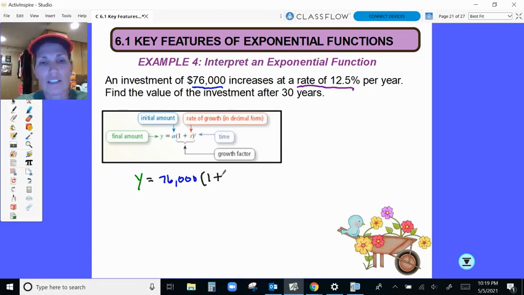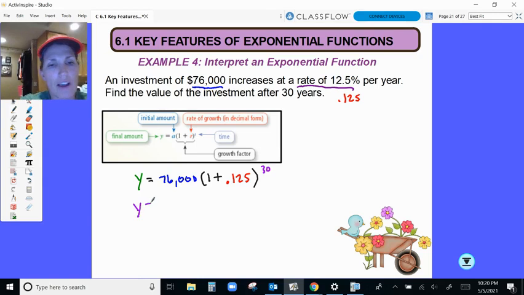So we're going 1 plus my interest rate. And so remember, we're going to move that decimal 2 to the left, so it's 0.125. Okay, so it's always in decimal form. And to the, time is going to be 30 years. Okay, so there's my function right there.